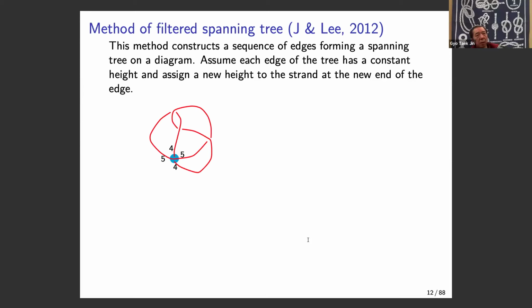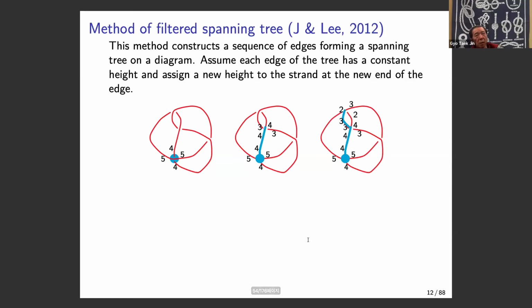So we start from the same figure. Then instead of dragging over the crossing, we just stretch an edge, and then assign the height 3 at both sides of the crossing, and then we stretch another edge, and then assign 2 and 2.